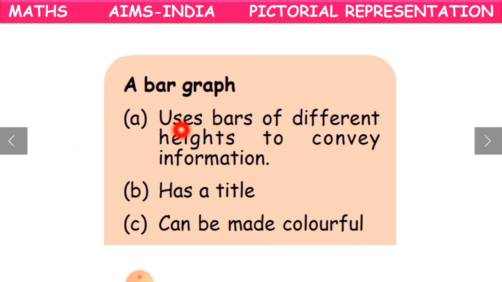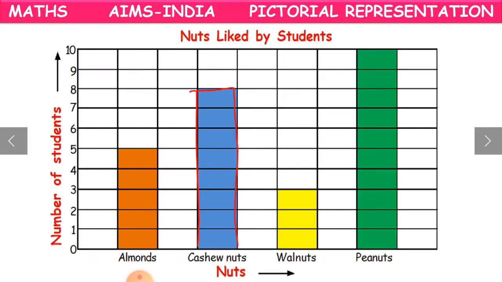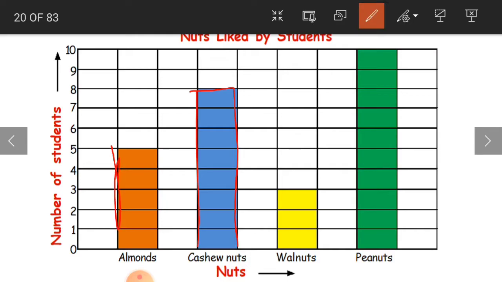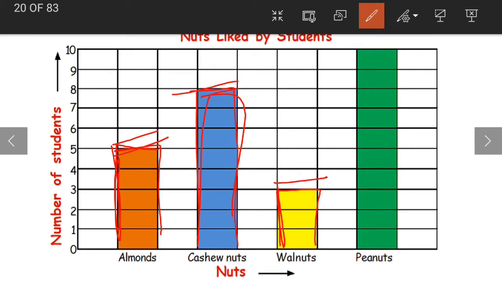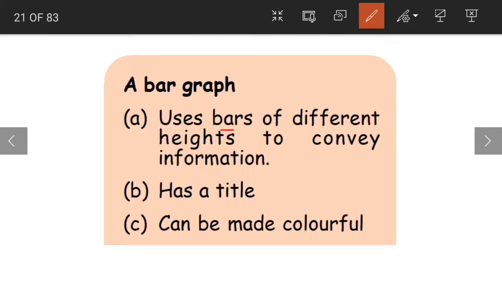What does a bar graph do? A bar graph uses bars of different heights. What are we using here? We are using bars. And as you can see, is the height of these bars the same? No, the heights of these bars are different. So a bar graph uses bars of different heights to convey the information.